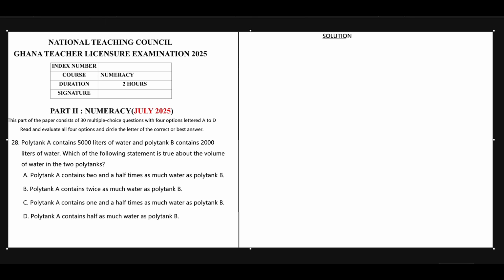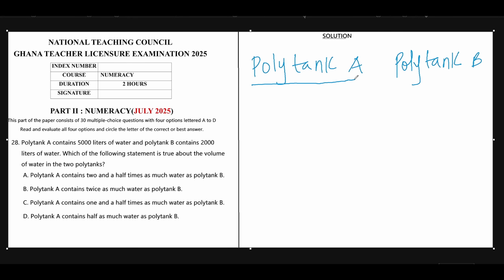So we have two different polytanks, polytank A and polytank B. For polytank A, this is the volume of water in polytank A, we have 5,000 liters. And for polytank B, we have 2,000 liters.